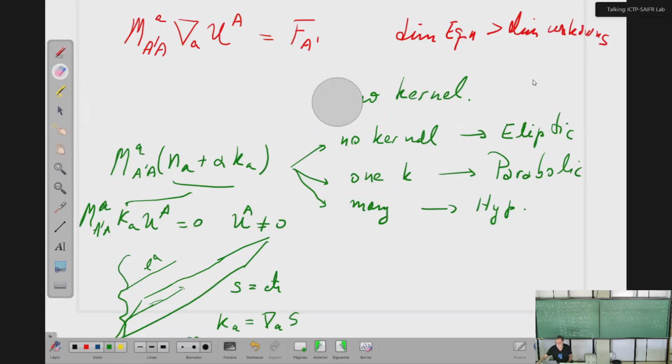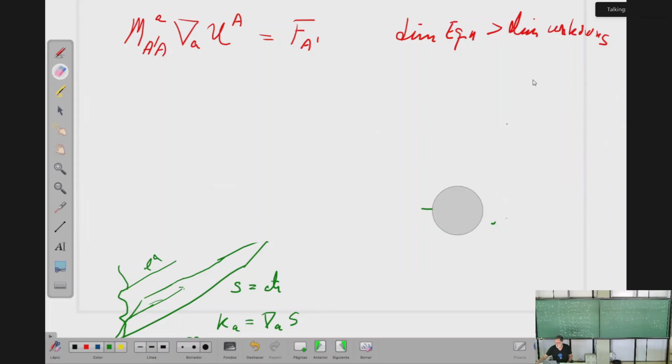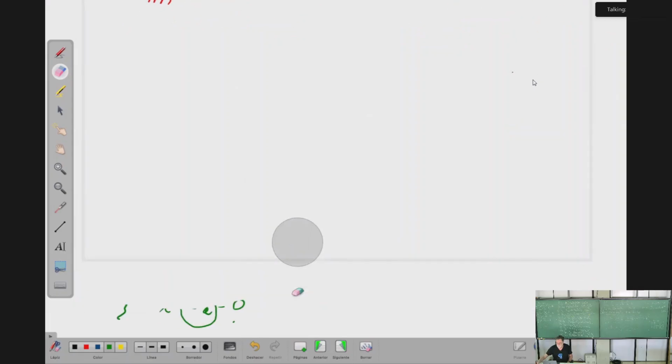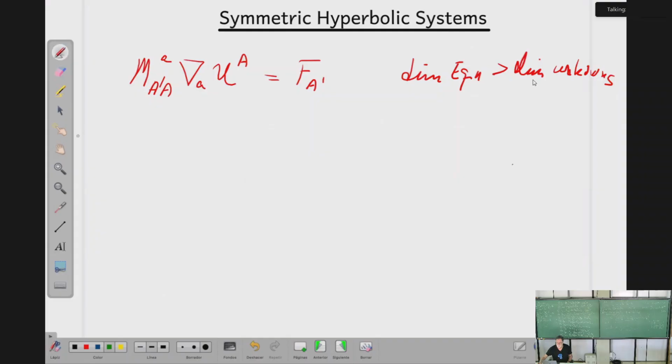And for that we say, okay, a system is symmetric hyperbolic if there is some reduction, the reduction is something which has an index down.